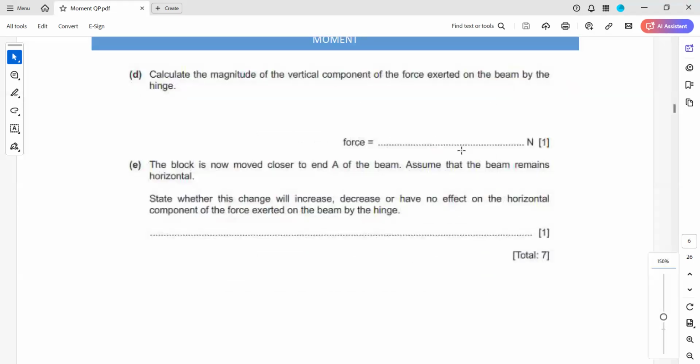The block is now moved closer to end A. Assume that the beam remains horizontal. State whether this change will increase, decrease, or have no effect on the horizontal component of the force exerted on the beam by the hinge.